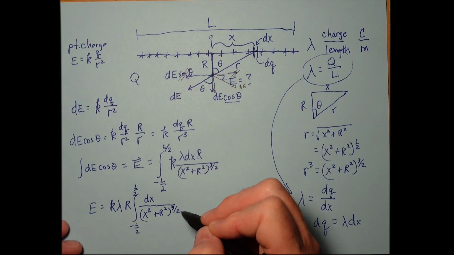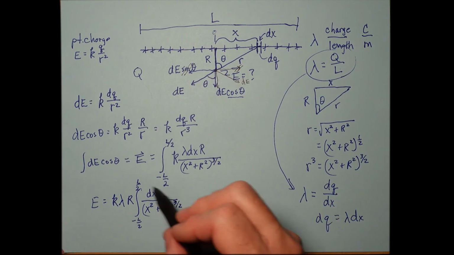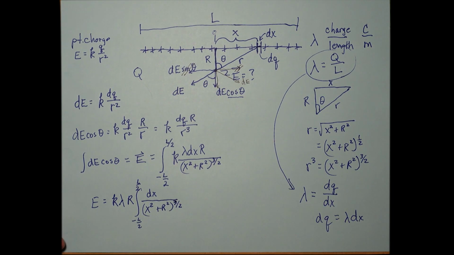This is something that I don't expect you to be able to integrate in class. This is the kind of thing that you go to an integral table and look up. And if you were in a math class, you would be required to integrate that.